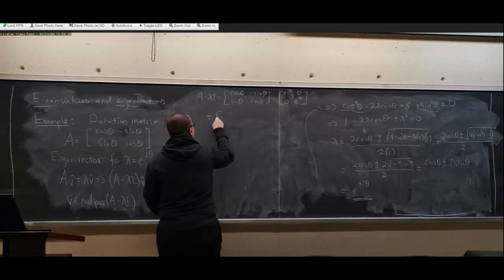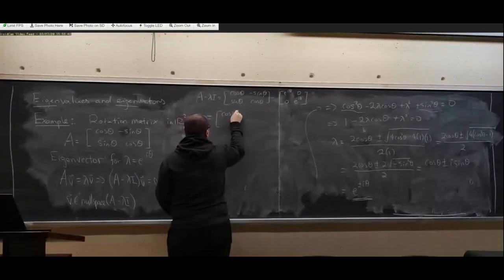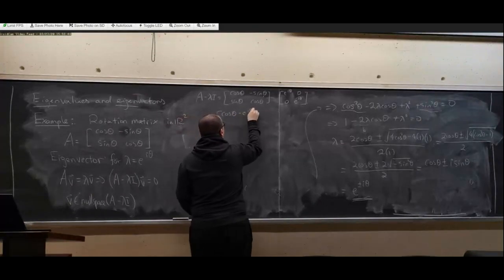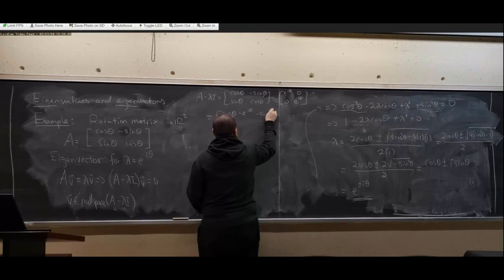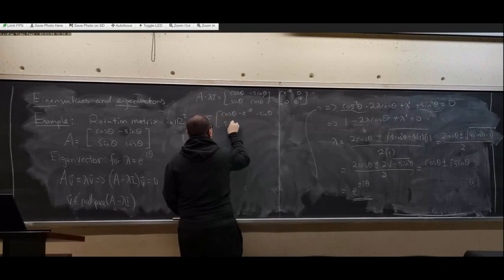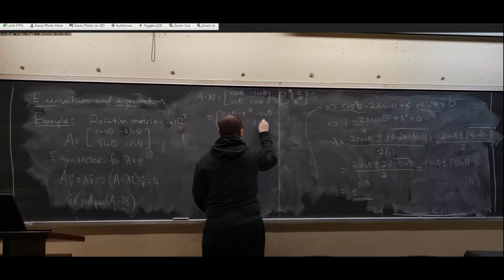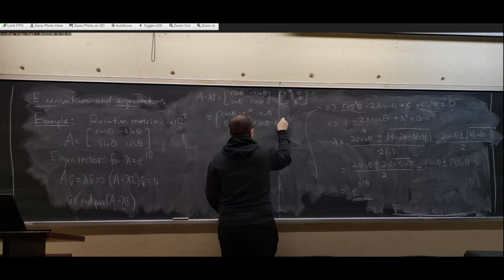So this equals cosine theta minus e to the i theta, sine theta remains unchanged, and cosine theta minus e to the i theta again.